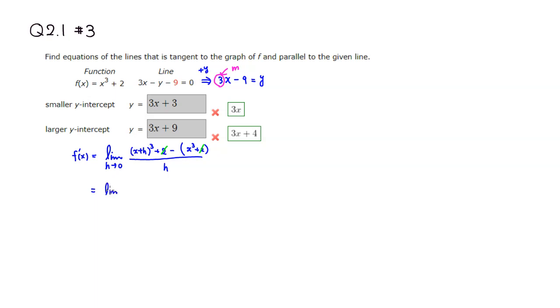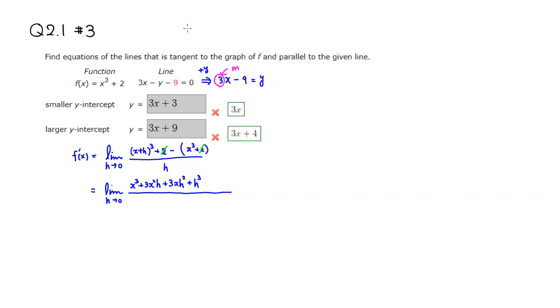So you have a limit as h approaches 0. If you cube that, you're going to get x cubed plus 3x squared h plus 3xh squared plus h cubed. You can do FOIL or whatever.